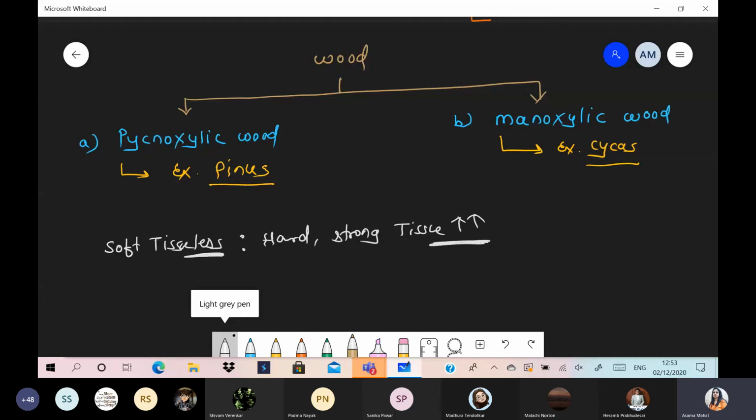Just wait. I think screen is getting stuck. Soft tissue less, hard and strong tissue more. That's the same.